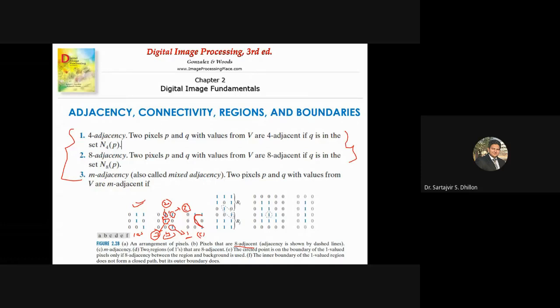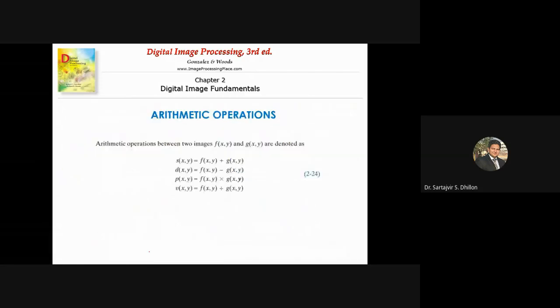Let us look at another important operation which can be applied on a digital image, that is arithmetic operations. We can do the summation of two images, subtraction of two images, multiplication, as well as apply linear operations.